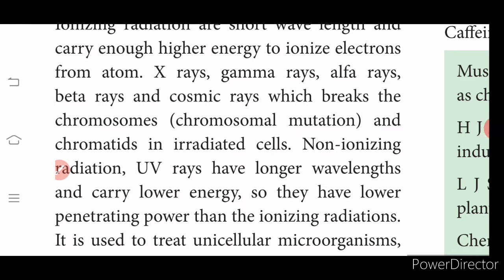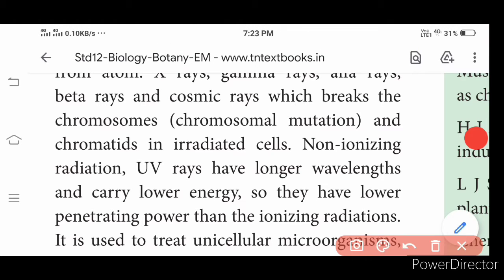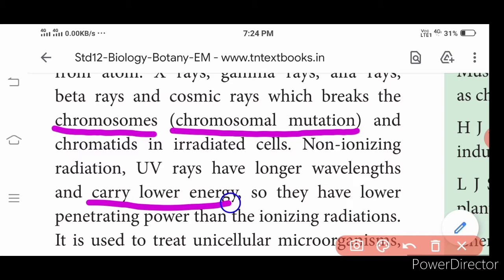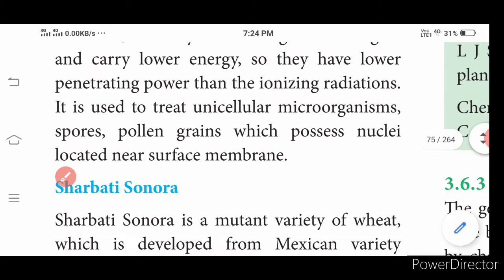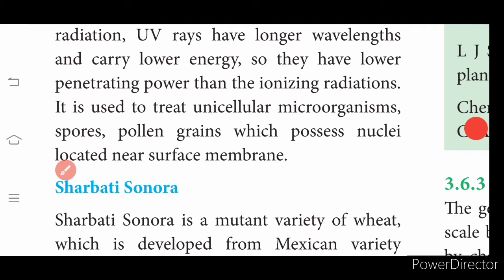X-ray, gamma ray, alpha ray, beta ray, cosmic rays break the chromosome. They cause chromosomal mutation. UV rays have longer wavelength, so they carry low energy. Longer wavelength carries low energy; shorter wavelength carries higher energy. They have lower penetrating power than ionizing radiation.